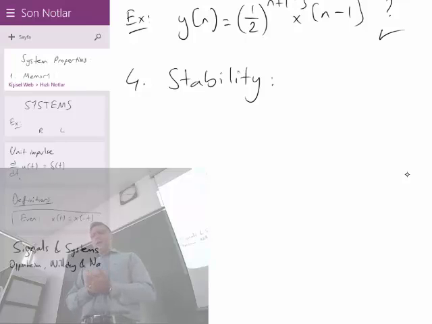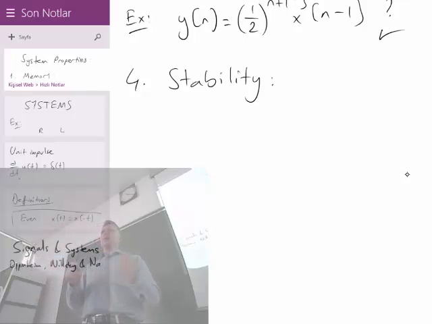stability. This is the way to solve causality, causal or not, and stability. The tools we don't have yet, so you have to use your inspection mostly. But in the future analysis of systems, in the next chapters, you will have the tools to immediately tell me whether this linear and time invariant system, they are only for linear and time invariant systems, by the way, is stable because of this.